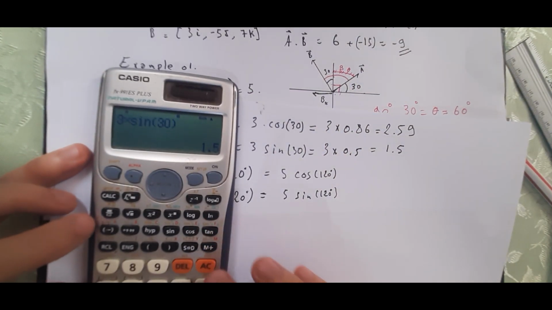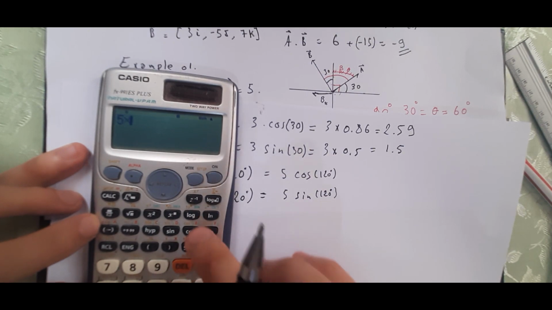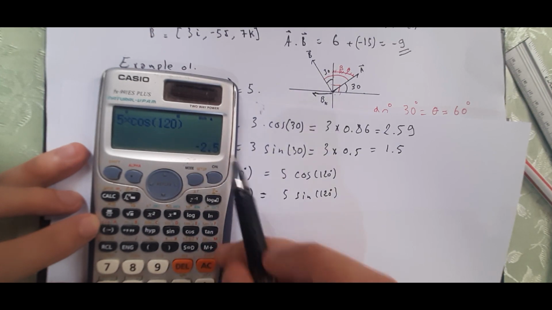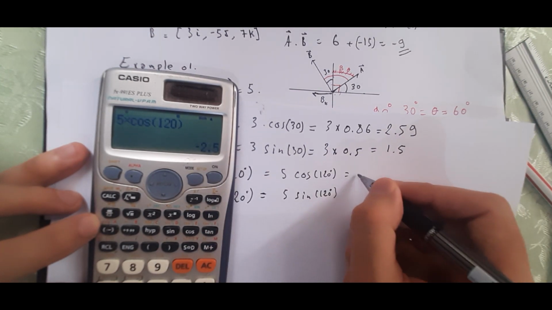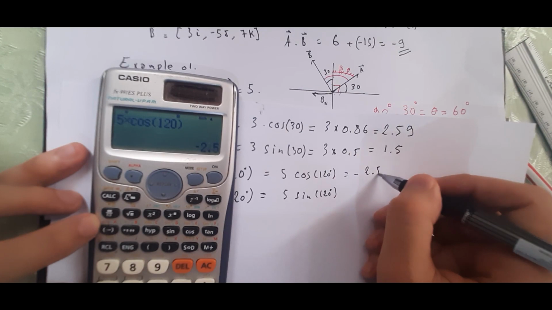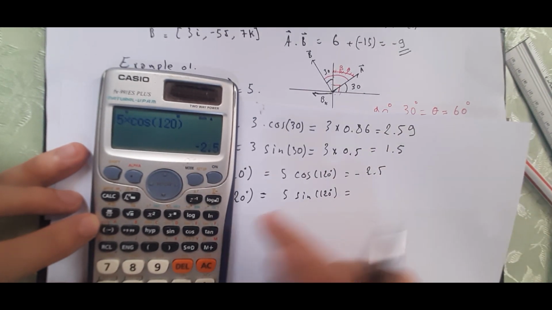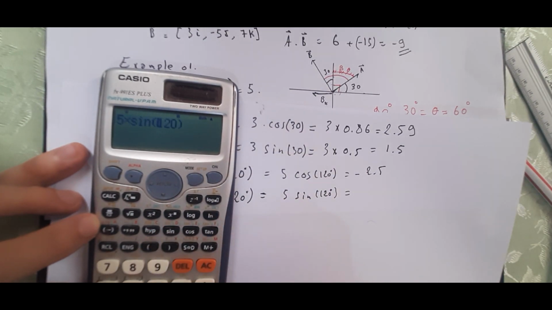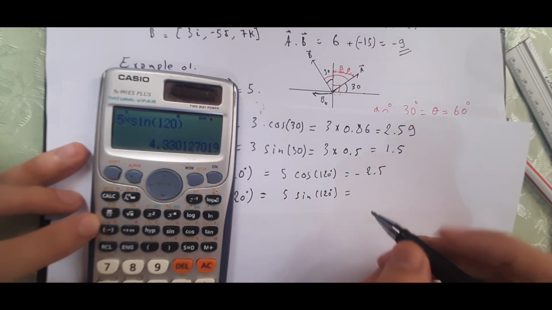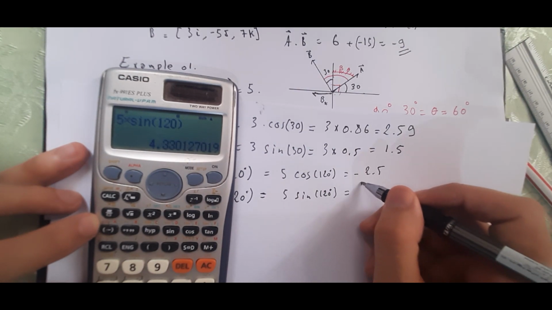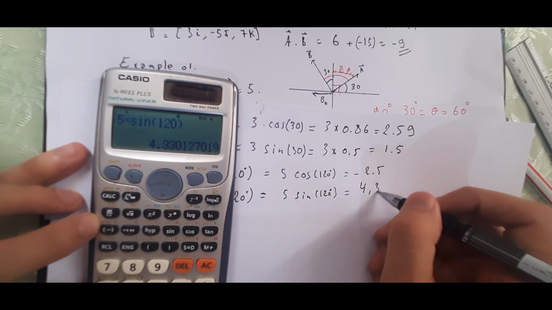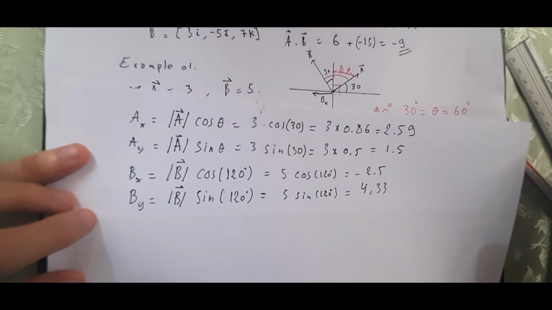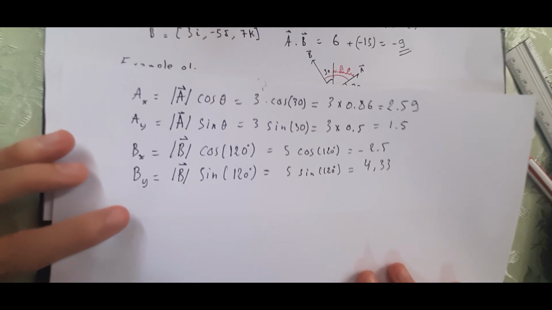So we have 5 multiplied by cosine 120, and we get negative 2.5. The same for BY, and we get 4.33. So now we have BX and BY.